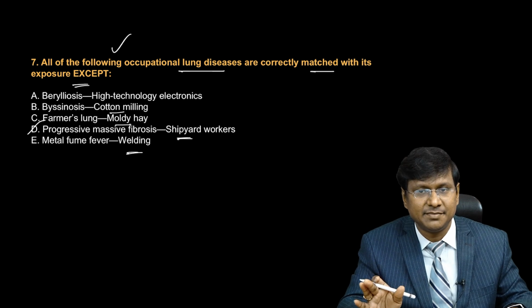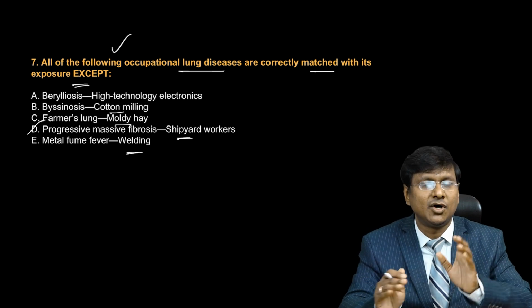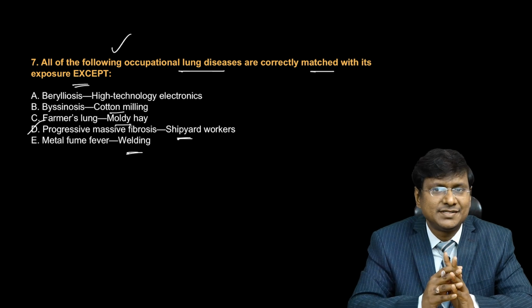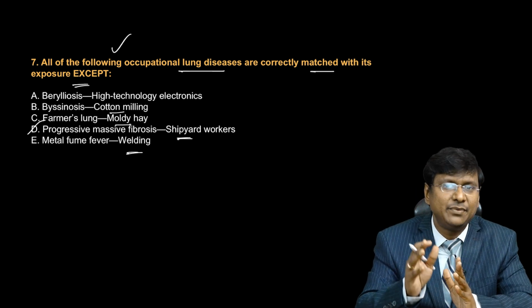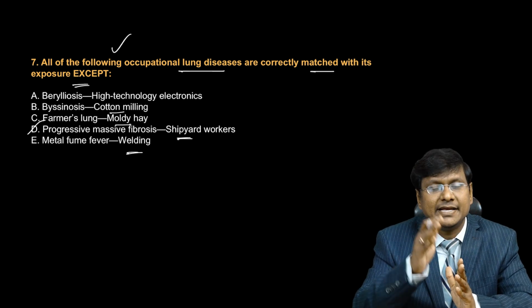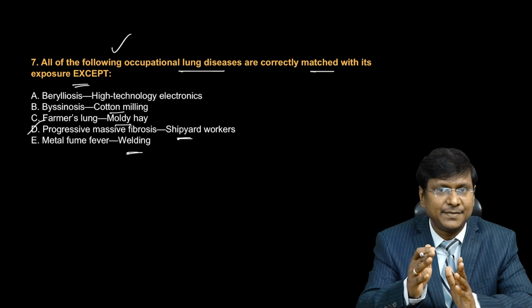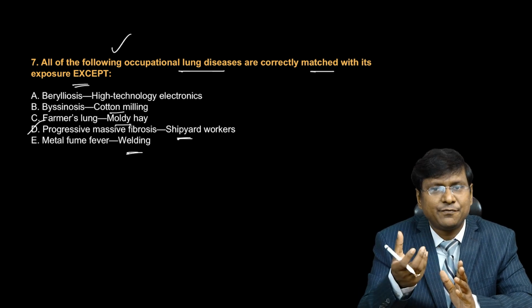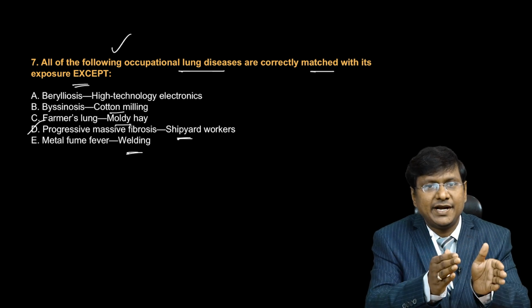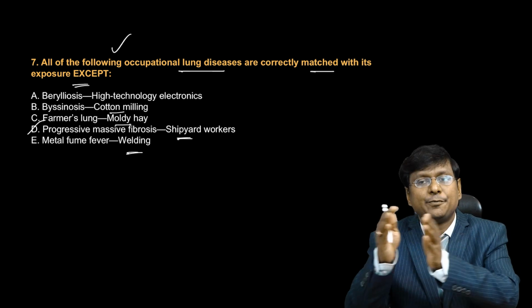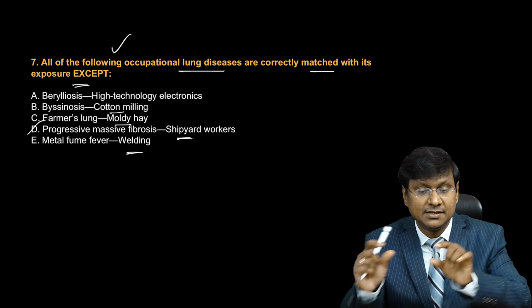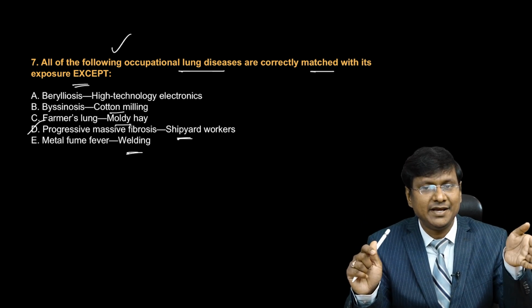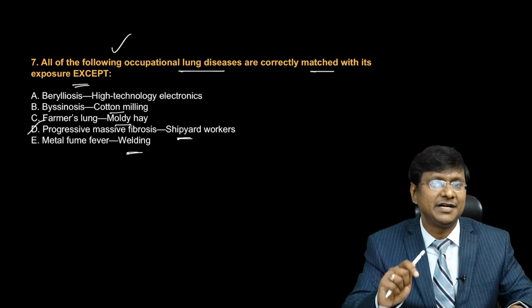Basically all these are occupational lung diseases, associated with a wide variety of organic and inorganic exposures in the workplace. Clinically they can range from primary airway disease to progressive pulmonary fibrosis.